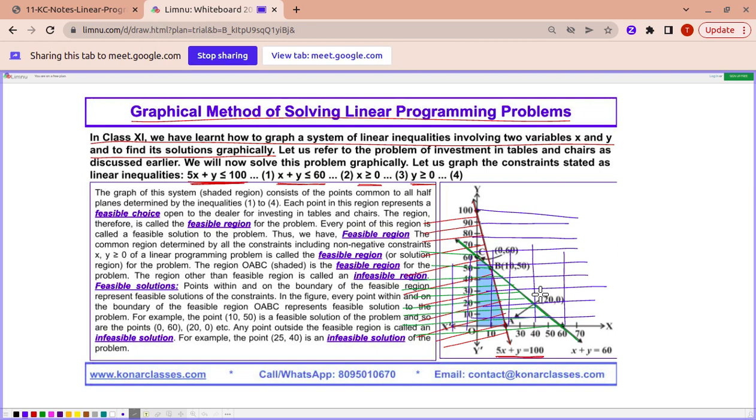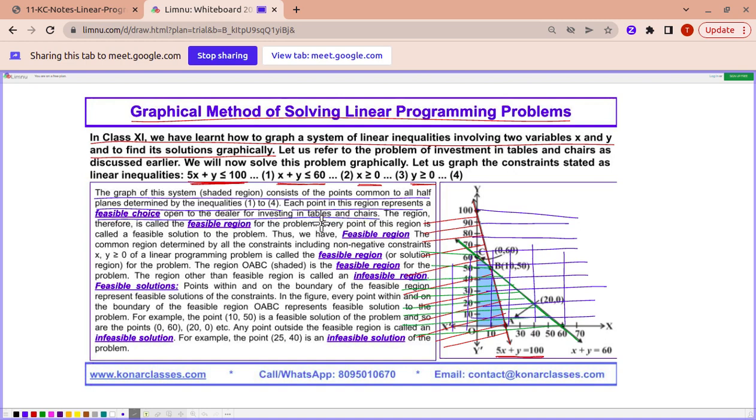Okay. So now let me read out the statement on the left hand side. The graph of this system, that is the shaded region, consists of the points common to all half planes determined by the inequalities 1 to 4. Each point in this region represents a feasible choice open to the dealer for investing in tables and chairs.